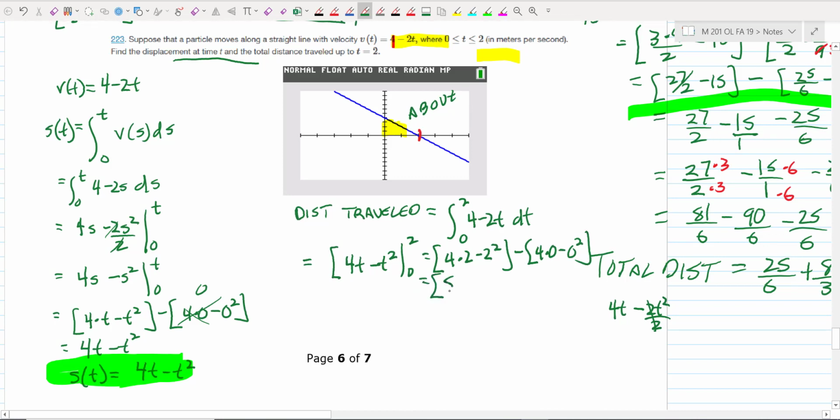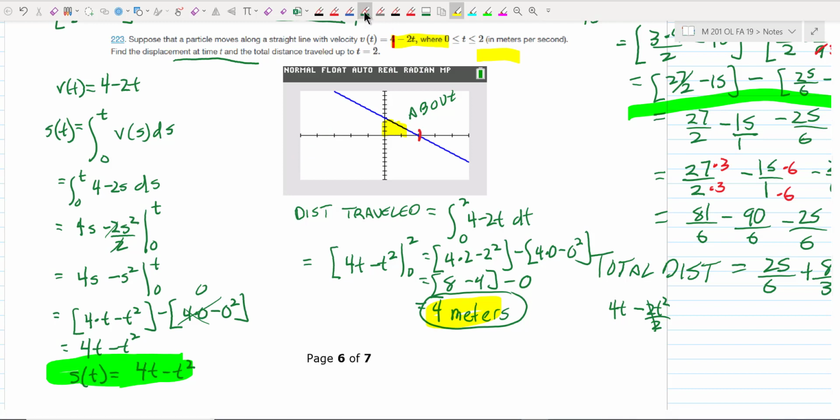So that would give 8 minus 4. And then minus 0, so you would get 4. So 4 meters would end up being the displacement. And again, you don't have to do the absolute value just because of the area already being positive.